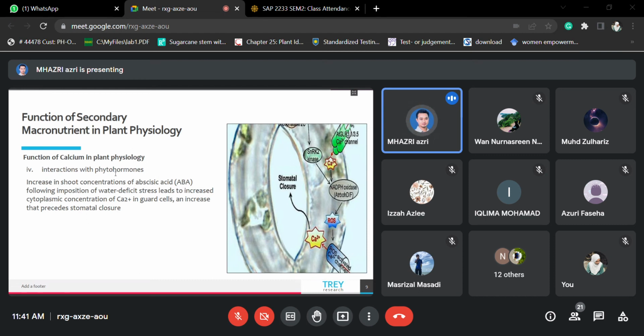Okay, bukan pump in. Dia pump out potassium ion. So, when the concentration of potassium ion in guard cells becomes lower, the water potential becomes higher. So, water will move from high water potential to lower water potential. So, when water moves out from guard cells, the guard cells become flaccid.